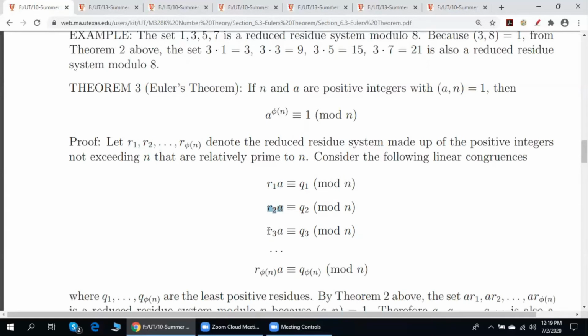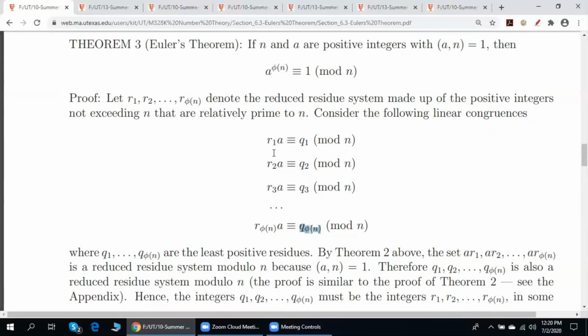Done. r_1 a is congruent to q_1 modulo n. r_2 a is congruent to q_2 modulo n, and so on, where these numbers are the least positive residues. We can use the division algorithm, divide each of these numbers by n, and find the remainder.